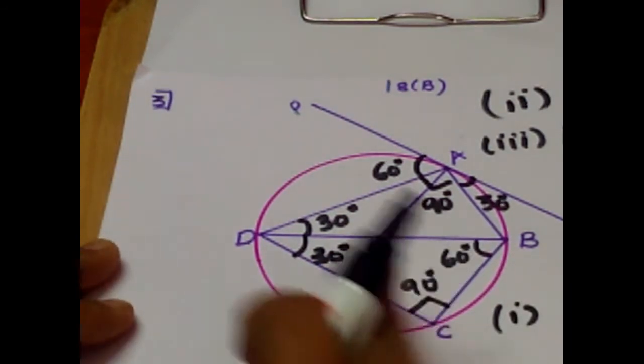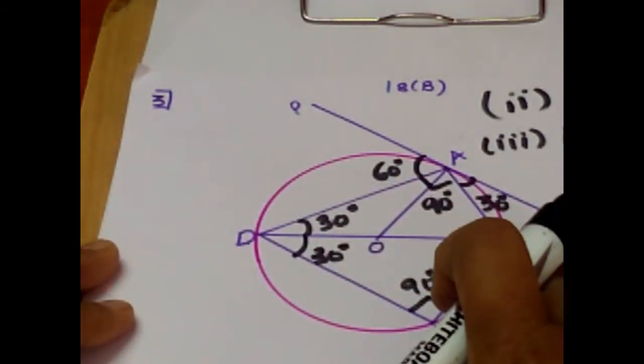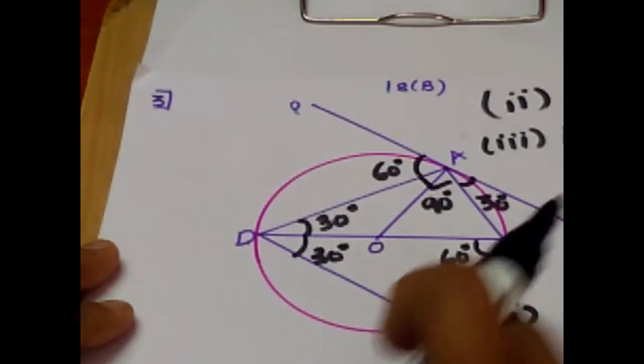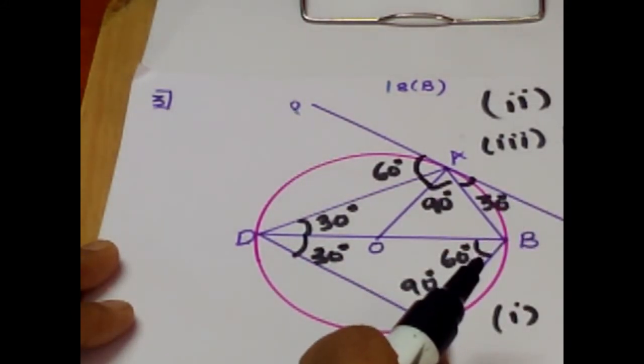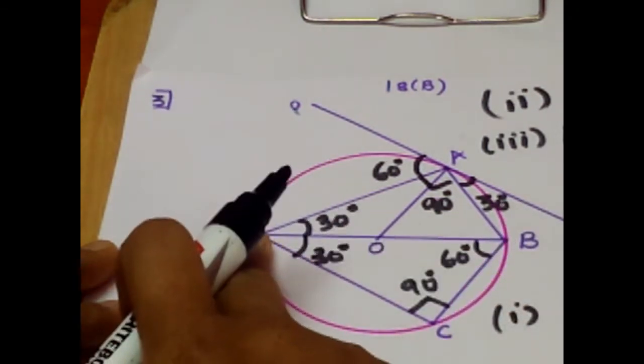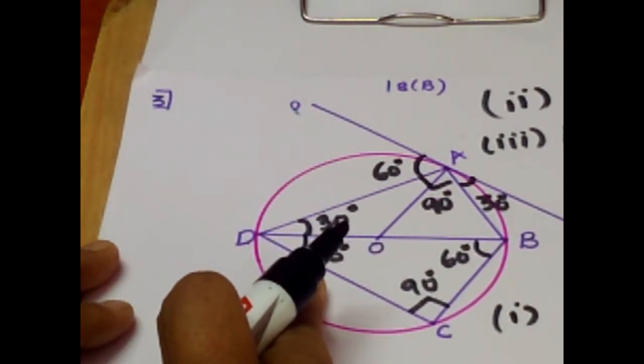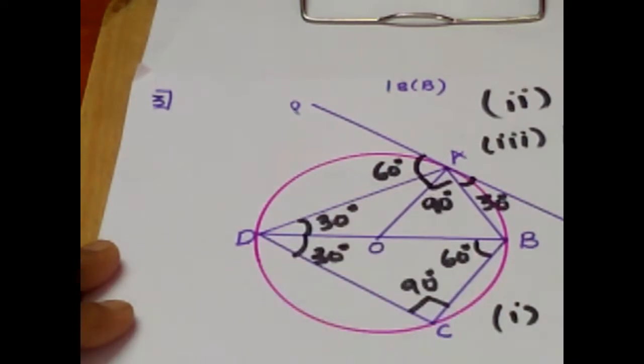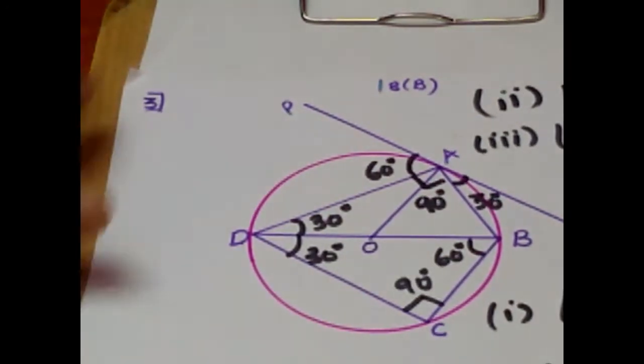Let us write the solution for sub question 3. What is sub question 3, children? Consider DB as a diameter. Hence, angle DCB is equal to 90 degrees. By applying the angle sum property of triangle DBC, the measure of angle BDC will be equal to 30 degrees. Let us write the same solution.